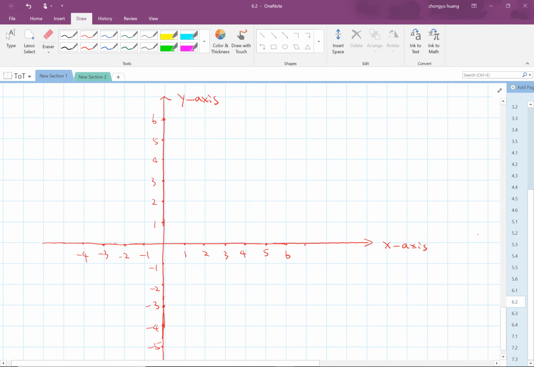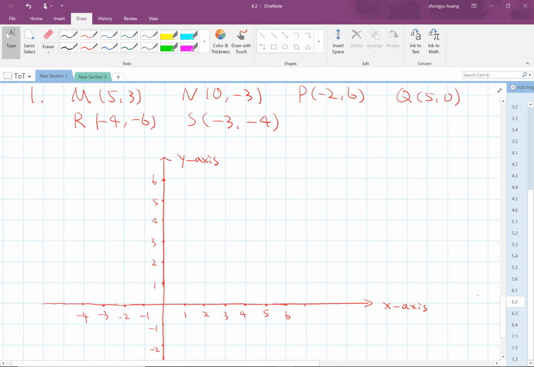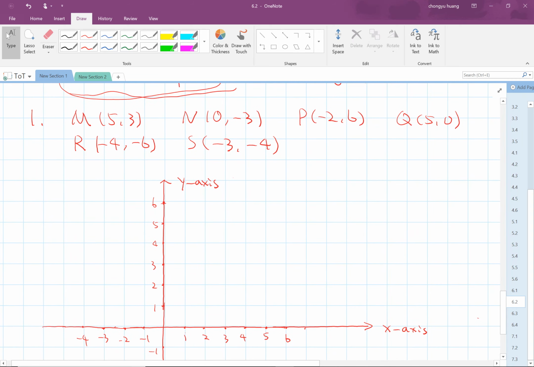Now we have finished labeling the axes. Now it is time for us to plot the points. It's kind of a mess, so let me rewrite this. Our first point is (5, 3).